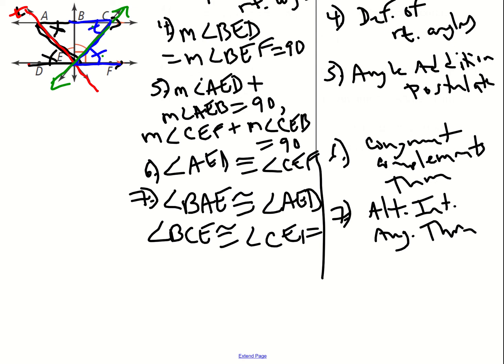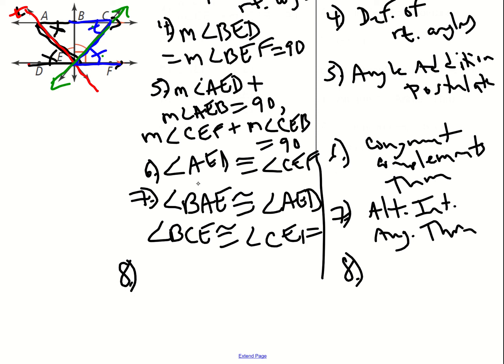All right, so where are we going with this? Well, for step 8, we can go ahead and say that we know that BAE is congruent to AED, right? And BCE is congruent to CEF.